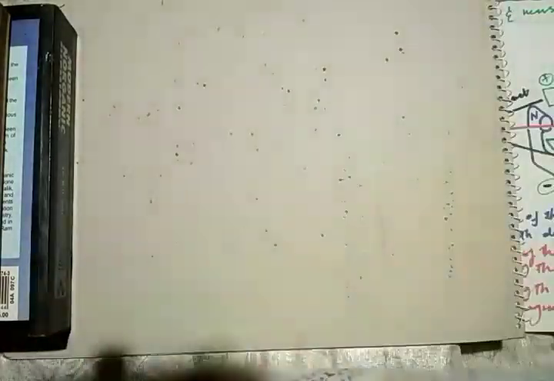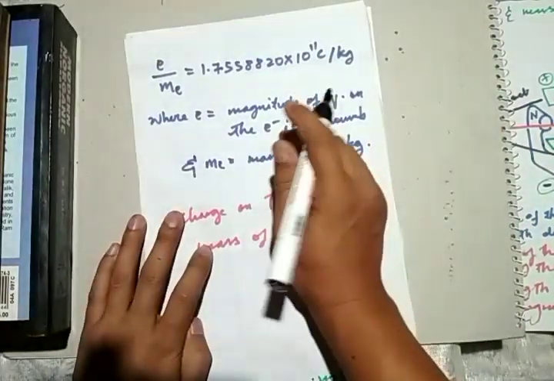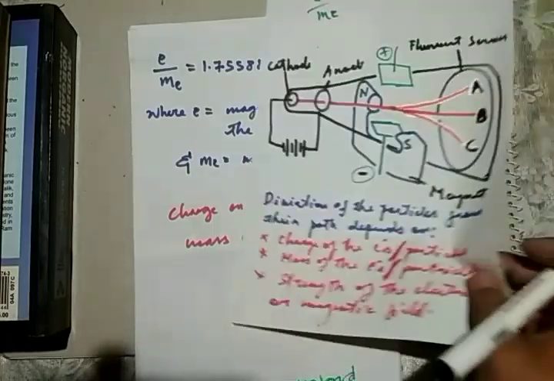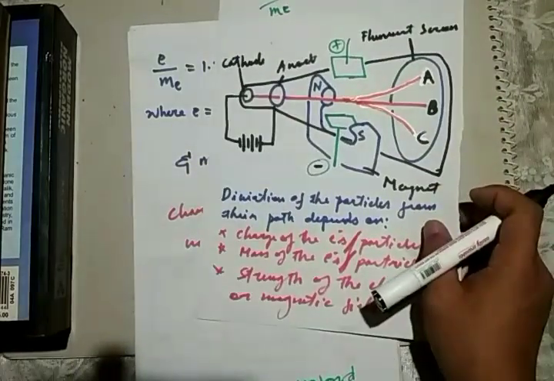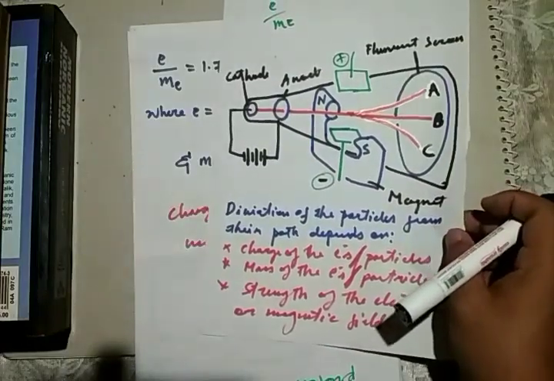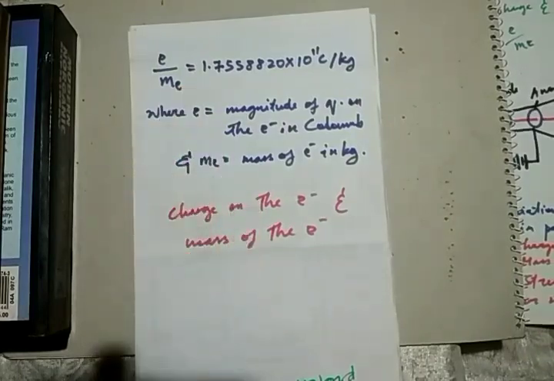From the concepts of physics, we can calculate the charge to mass ratio from the magnetic and electric field. However, we are not going to discuss how those calculations are done.